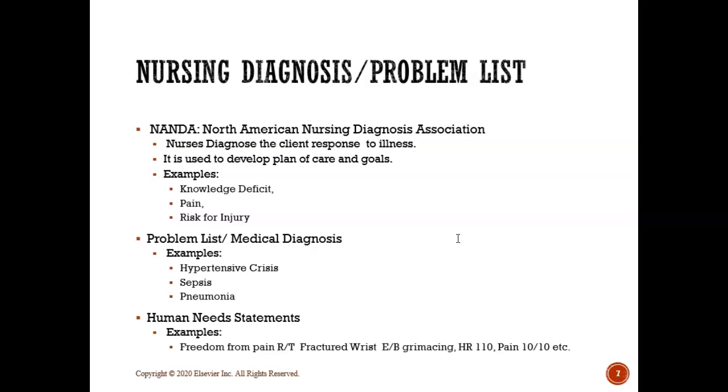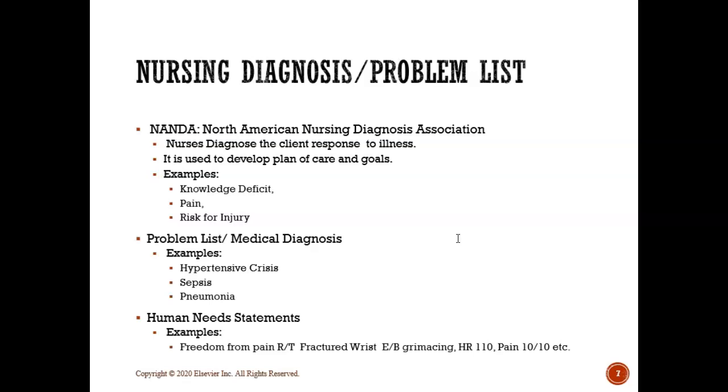An example would be freedom from pain. Related to would be what's causing that pain, right? So related to, in this example, would be fractured wrist. E/B would be evidenced by. So what's your supporting evidence? What is it telling you?